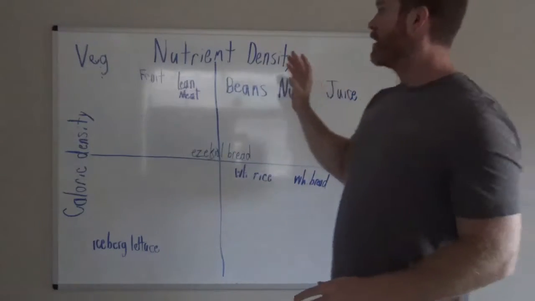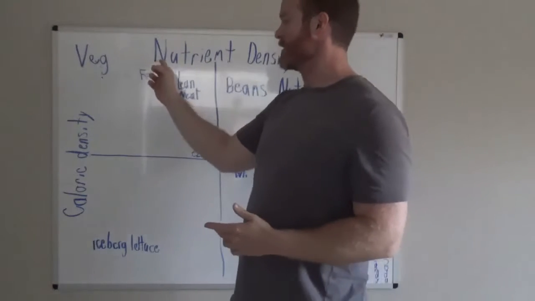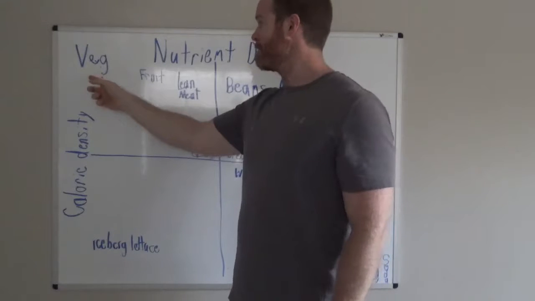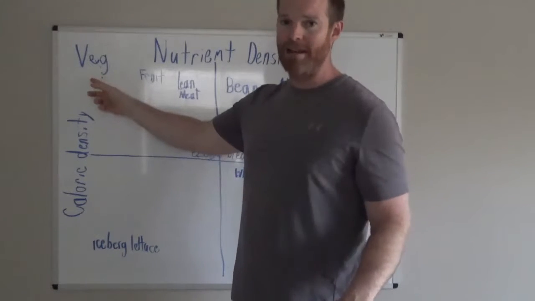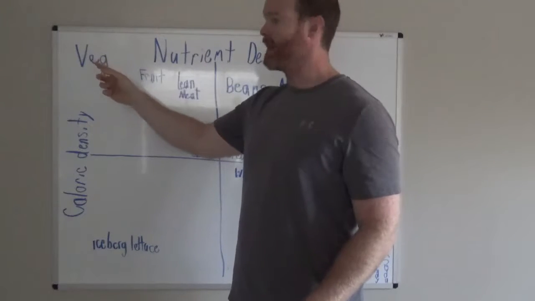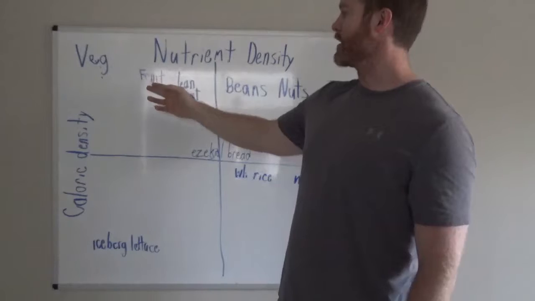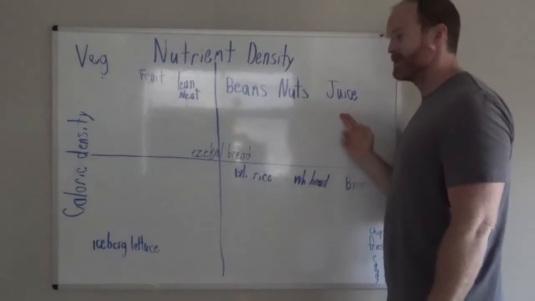So the prime example of something that is high nutrient density, low caloric density is vegetables. Okay? Spinach, kale, things like that have very low calories and very high nutrients. Other things that have high nutrients are things like fruit, lean meat, beans, nuts, even juice.